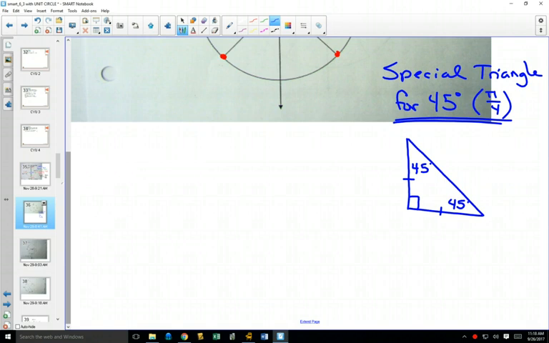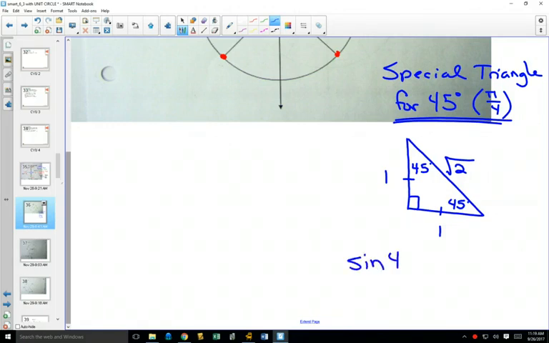As far as doing the math, there are easier numbers to work with and harder numbers to work with, but whatever number you choose will work. I'm going to show you the easiest number to work with. We're going to use 1 here and 1 there. Then a squared plus b squared equals c squared gives you the square root of 2 for your hypotenuse.